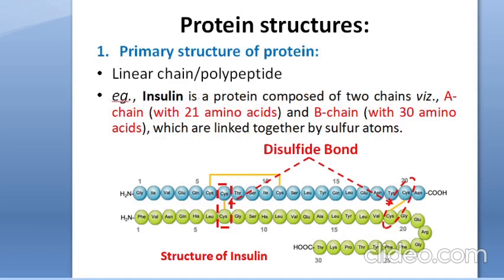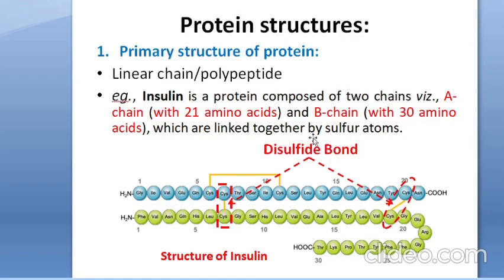Insulin is a hormone produced in the beta cells of the pancreas in the human body, and it helps in metabolizing glucose. Here I have shown you the chemical structure of insulin.